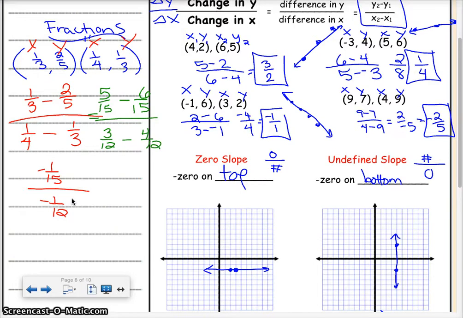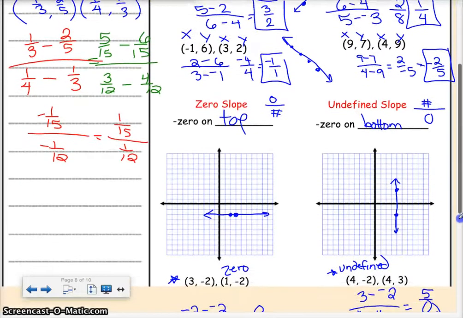Well, first off, what happens to the two negatives? They go bye-bye. They cancel out. So this is 1/15 over 1/12. What's a fraction bar really? What is it telling you to do? Divide. So even though it looks like this, you need to connect that it really is division.